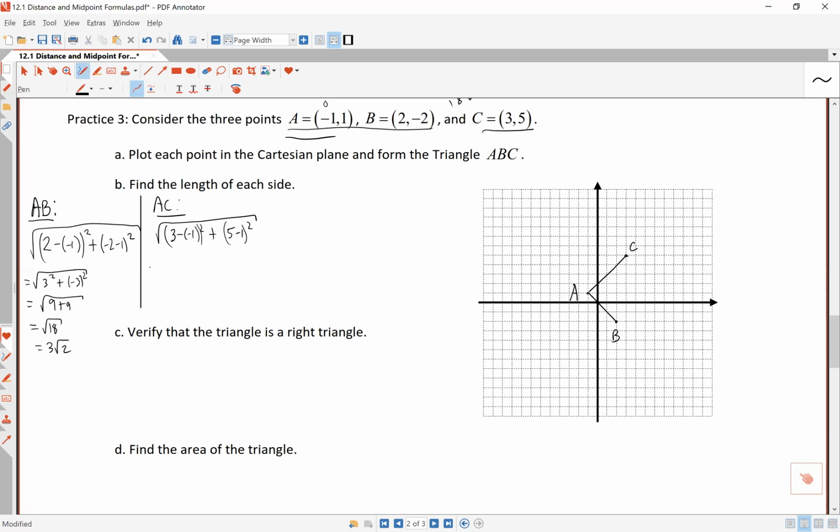Square root of that. 3 minus negative 1 is 4 squared. 5 minus 1 is 4 squared. That gives us the square root of 16 plus 16, which is the square root of 32, which is 4 radical 2.